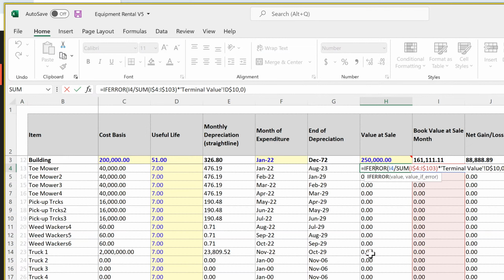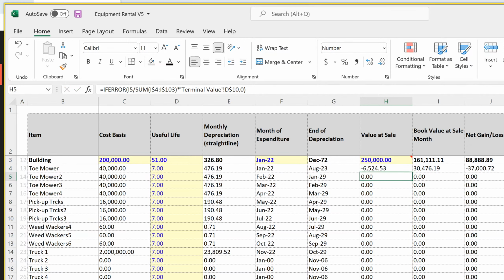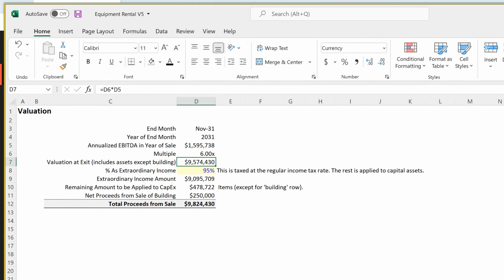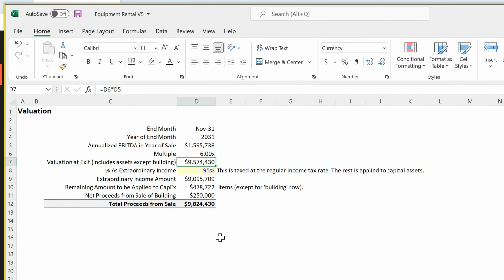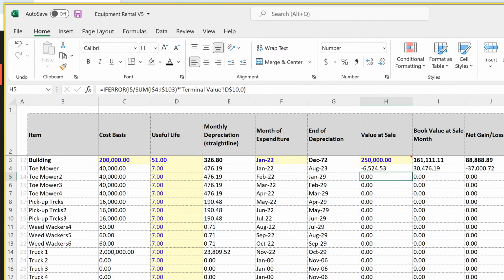I4 terminal value D10 478. Okay, that's our issue. I think that. So see that 478? I think that's what we're up by on the other one, on the monthly cash flow or monthly detail.